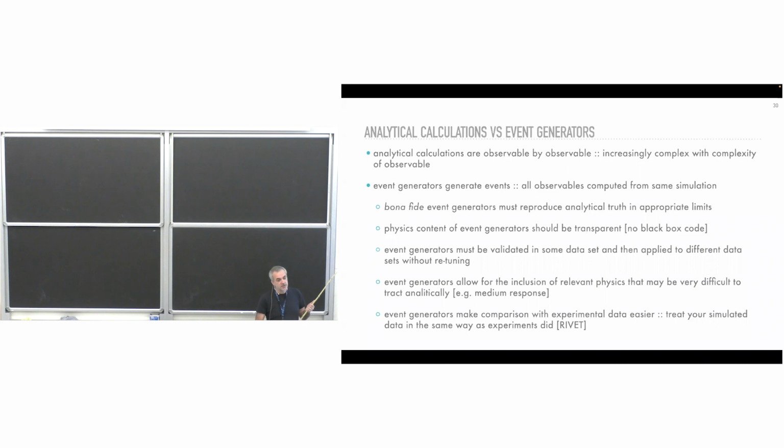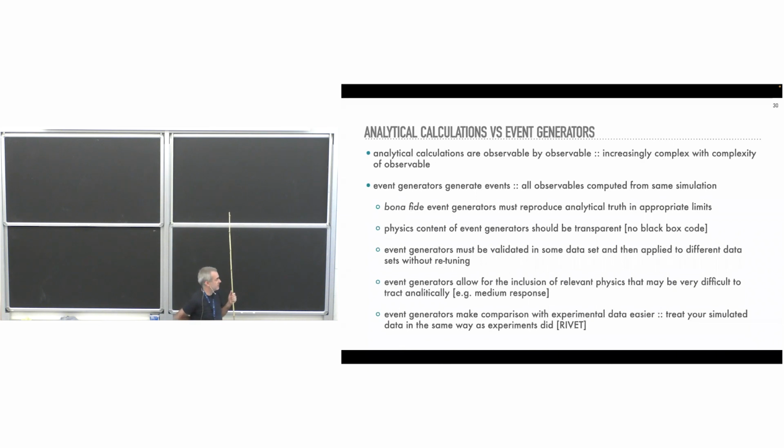Those calculations increase in complexity with the complexity of the observable that I define. For instance, if I wanted correlations between two particles in the jet, I have to think very well. I need to write a full correlation function for my quark and gluon at leading order. It's a more complicated calculation than the one that we did. So this gets tougher and tougher.